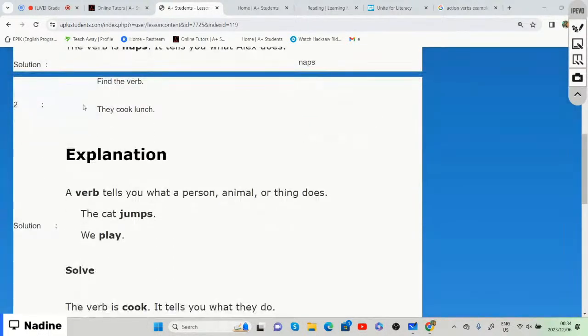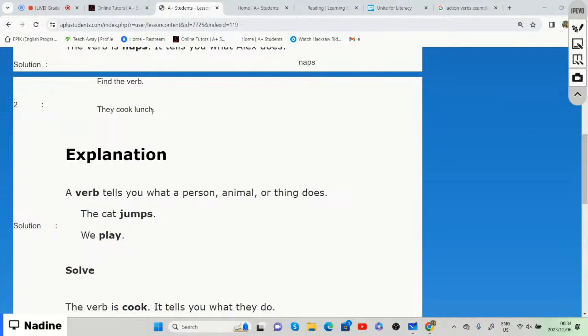They cook lunch. What is the action verb or the verb within the sentence? So they cook lunch. What is the action?